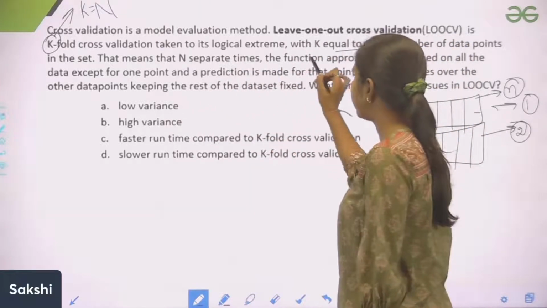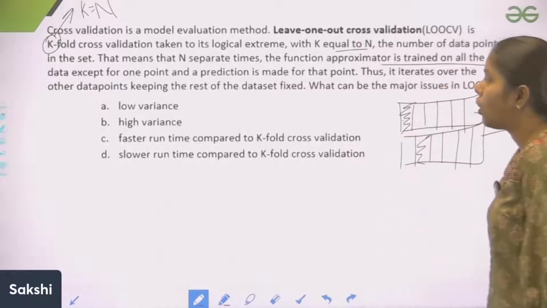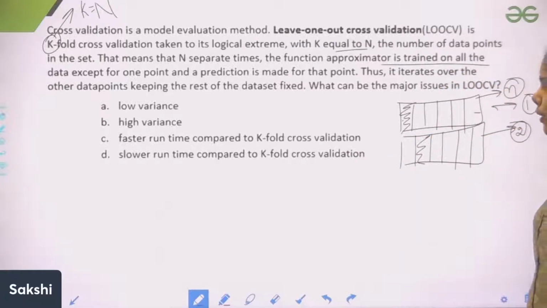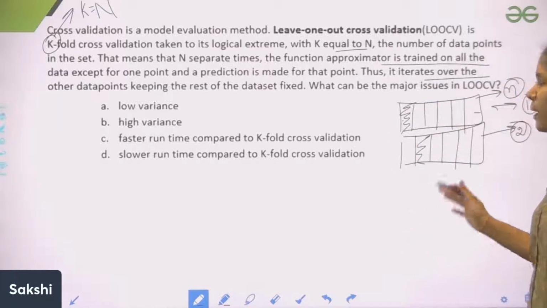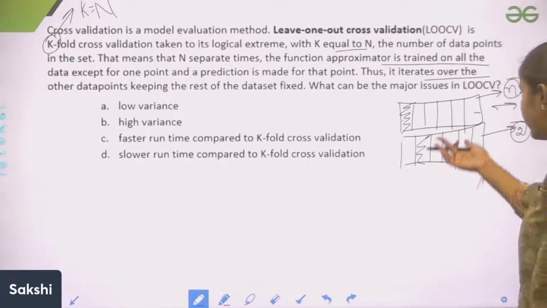That means n separate times the function approximator is trained on all the data except for one point, and a prediction is made for that point. Now they're asking whether it iterates over the other data points, keeping the rest of the data set fixed. Obviously, that I told you.